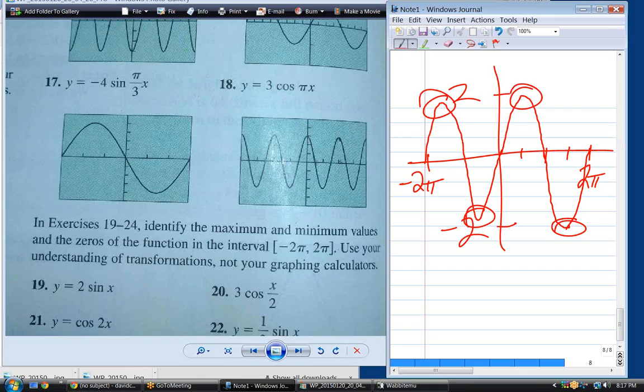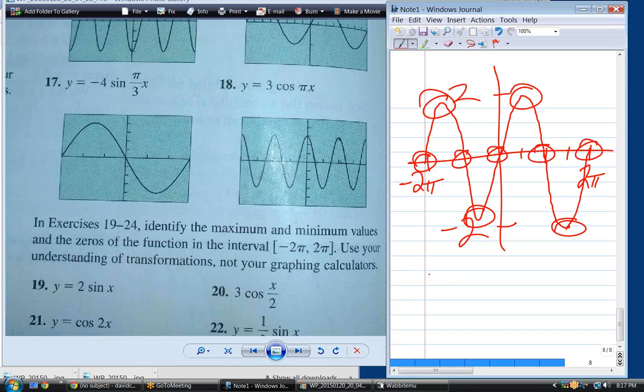The zeros of the function. Now when they ask about the zeros of the function, they're asking where it occurs on the horizontal axis, because we know where that occurs on the vertical axis. It occurs at y equals 0. So the zeros obviously occur there, there, there, there, and there.